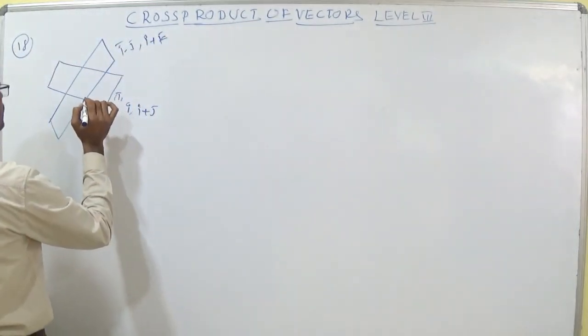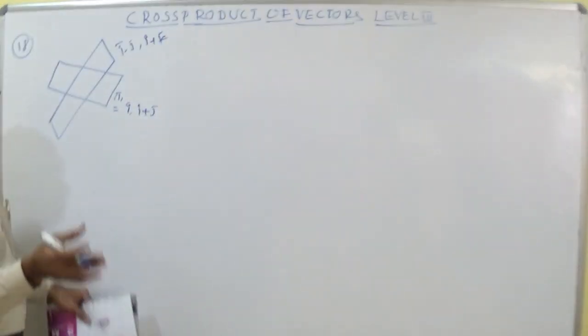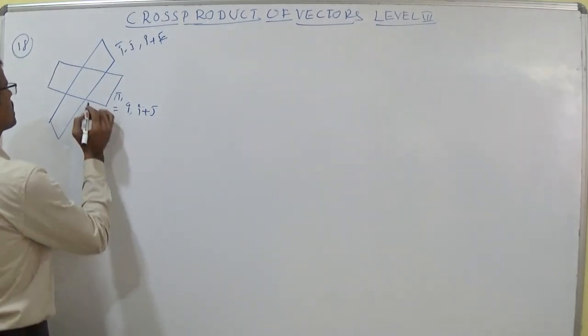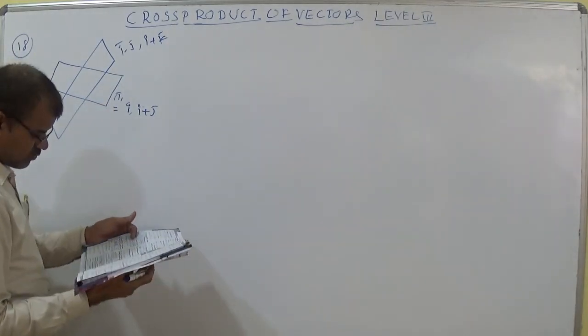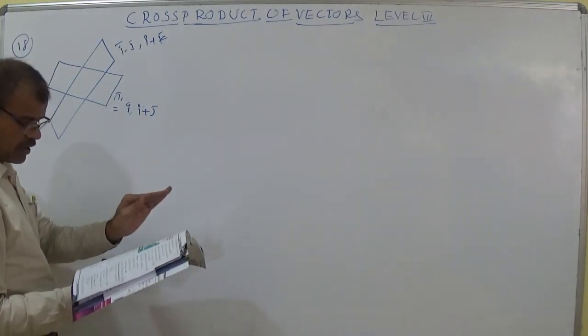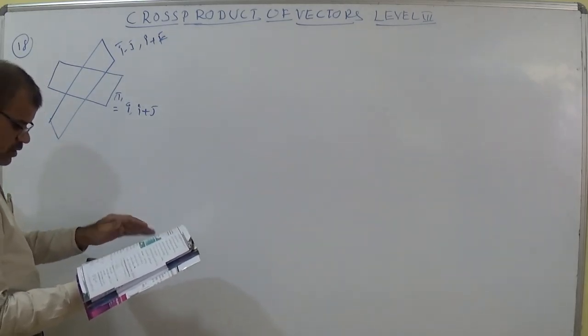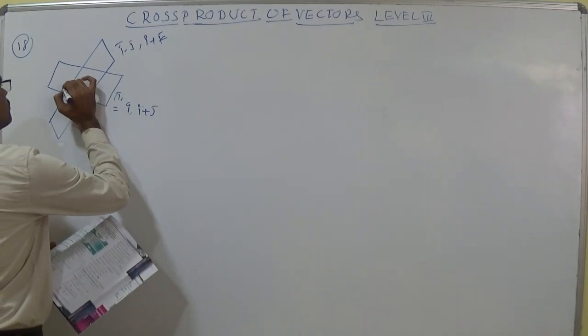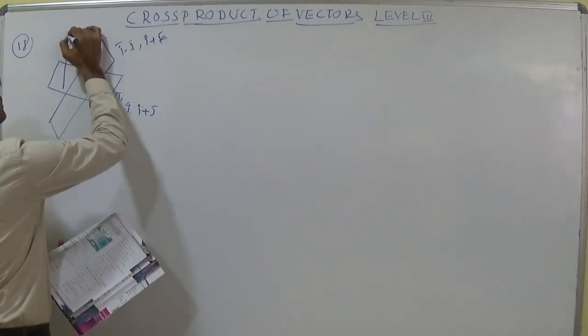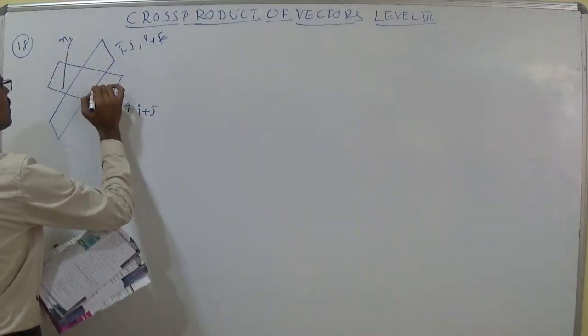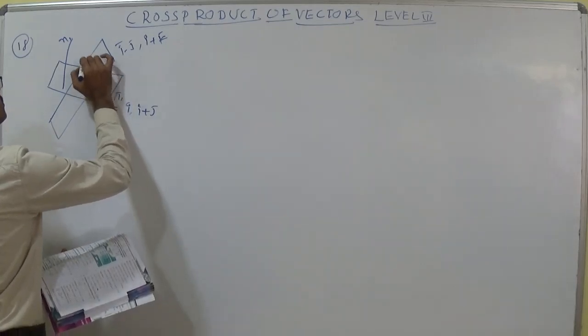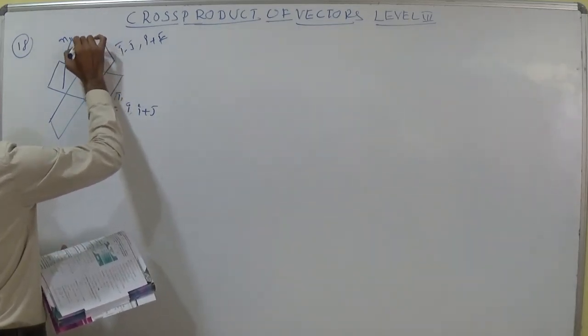Whenever the two planes intersect, there is a line of intersection. A non-zero vector a bar is parallel to the line of intersection of the two planes, he is asking. So you should understand that n1 is the unit normal vector of plane 1 and n2 is the unit normal vector of plane 2.